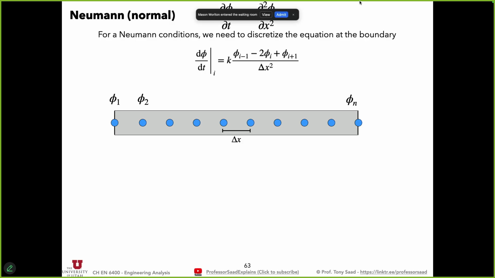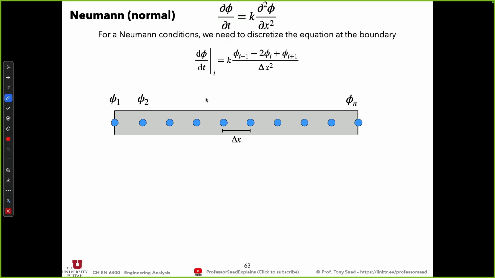And we converted that into a system of linear equations. If you recall, we had only this term, there was no time derivative, so it was a steady state problem. And then we had to do something special at the boundaries when we had Neumann conditions.